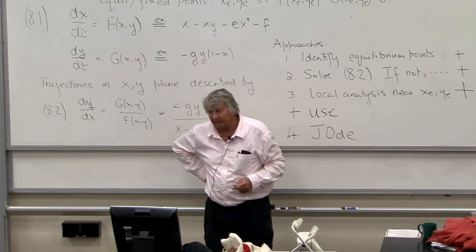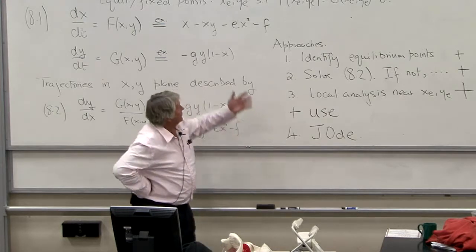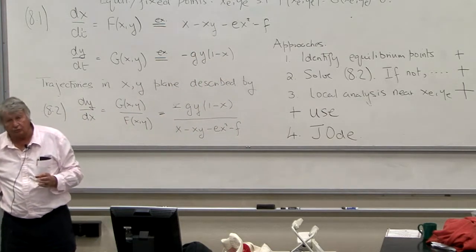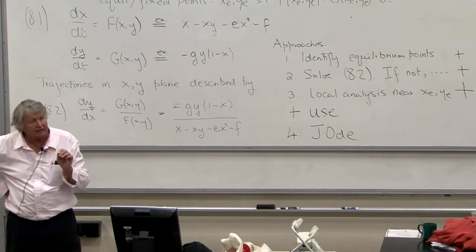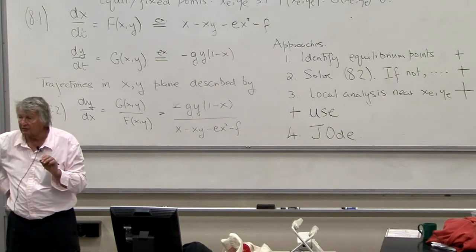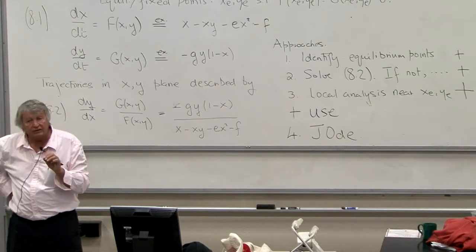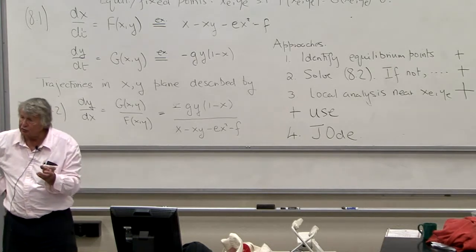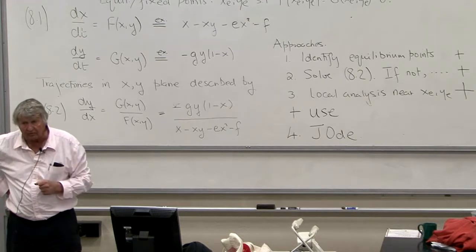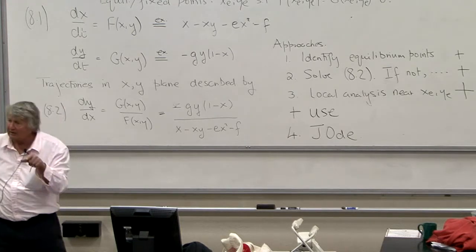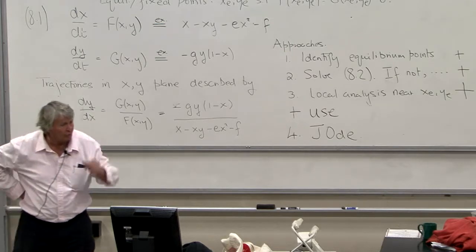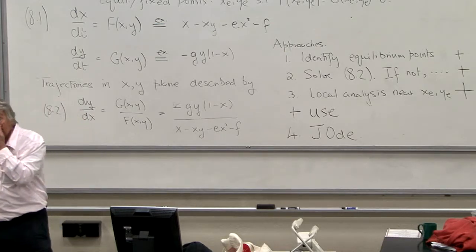We say, okay, we can't solve the full equations, but what we'll try and do is we're going to look near the equilibrium points. Okay, we're going to look near the equilibrium points and ask, what does the solution do if we start near the equilibrium points? Does it go back to the equilibrium point? Does it just stay in the neighborhood? Does it go away? Or what does it do?